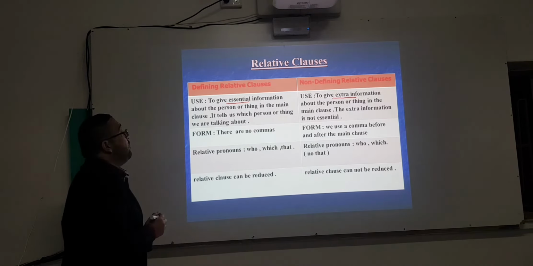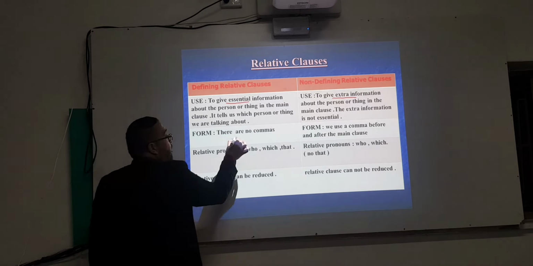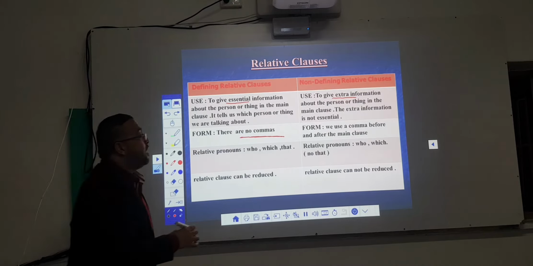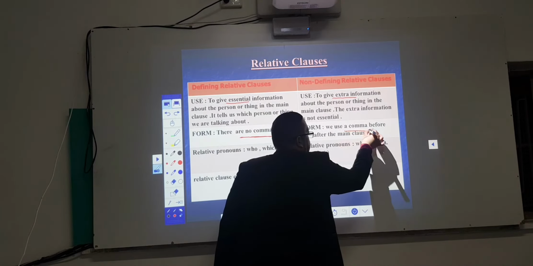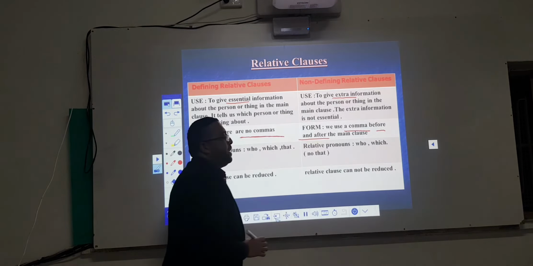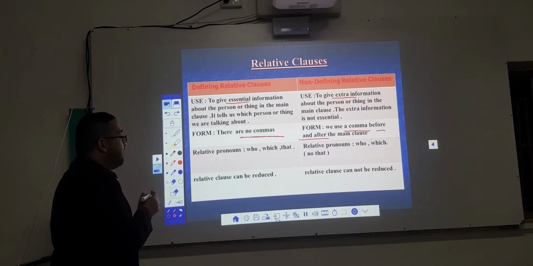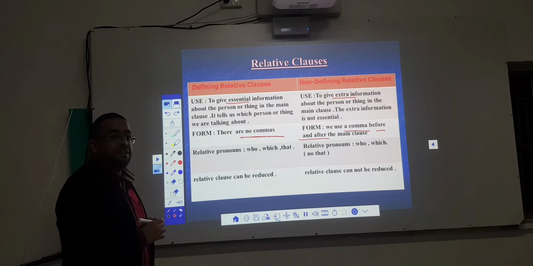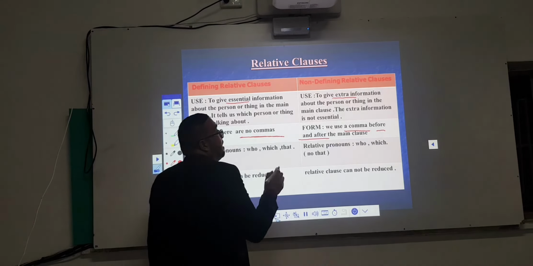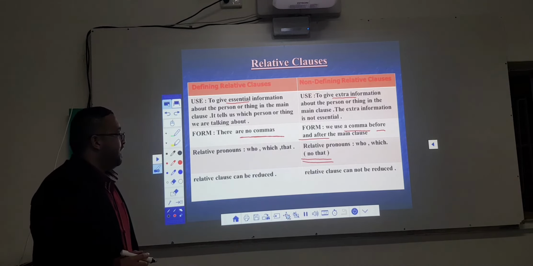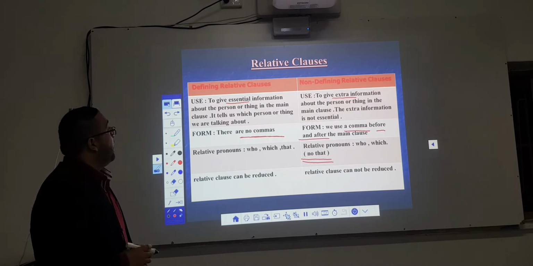The fourth: in defining relative clauses, there are no commas. But in non-defining, we use a comma before and after the clause. We use two commas. In relative pronouns, who, which, that. But in non-defining relative clauses, there is no that. We cannot use that in non-defining relative clauses.